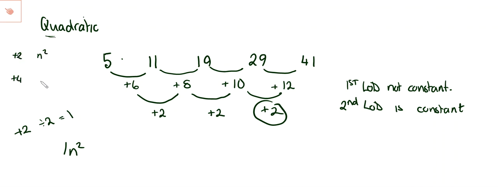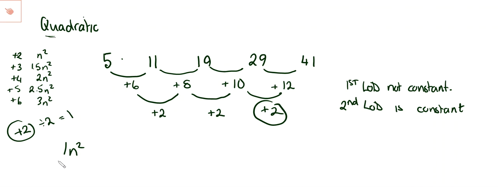If it's plus 4, it's 2n squared. If it's plus 6, it's 3n squared. If it's in between, plus 3, it's 1.5n squared. If it's plus 5, it's 2.5. So we took this number and divided it by 2. The plus 2 divided by 2 tells me how many n squared we have.